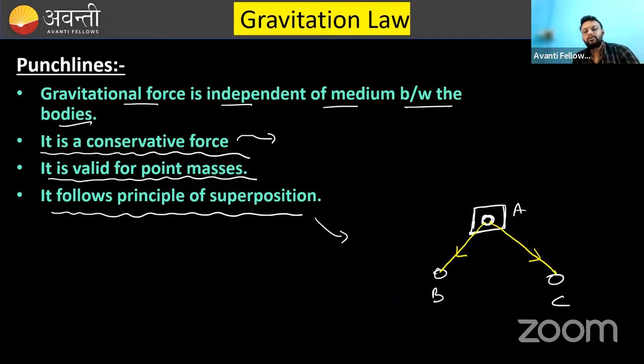Then the principle of superposition says that the net force on A is the vector sum of the force on A due to B plus the force due to C. This is the real story. This is the vector sum.